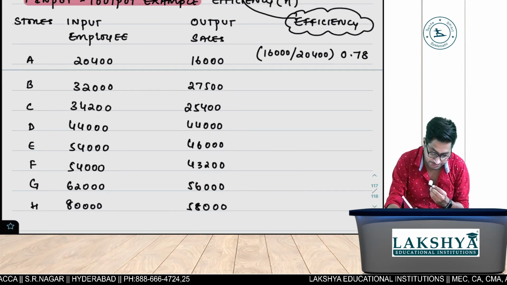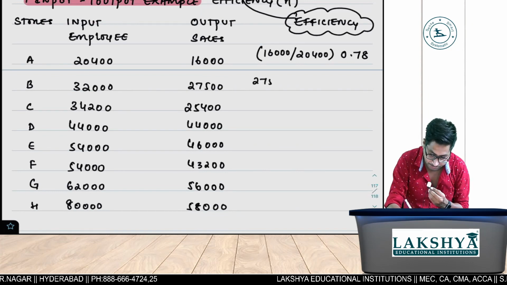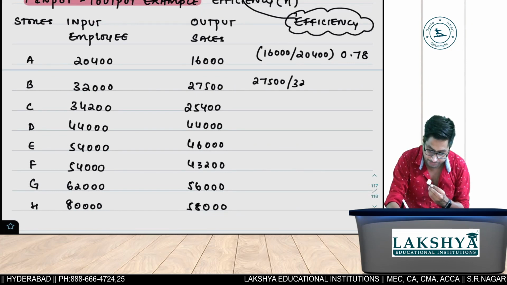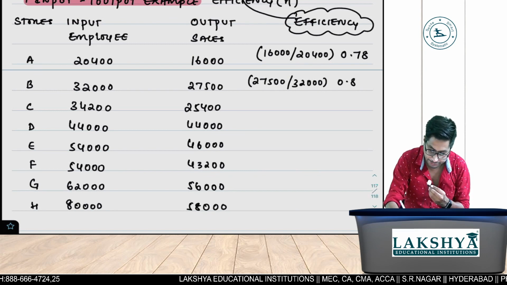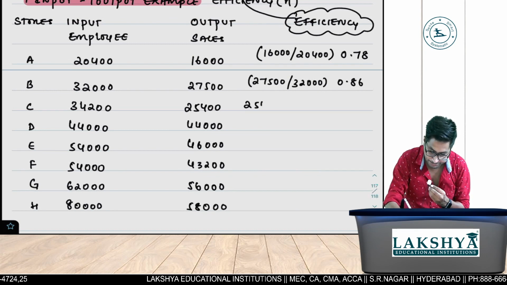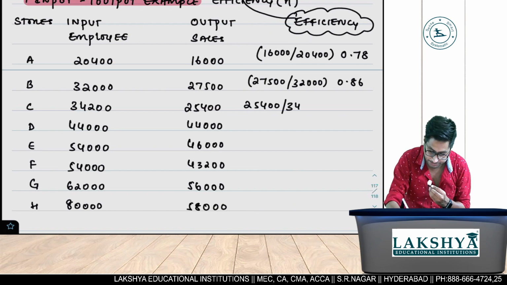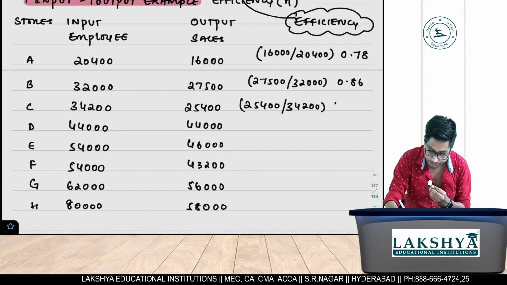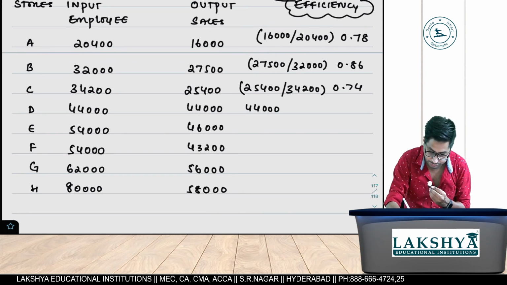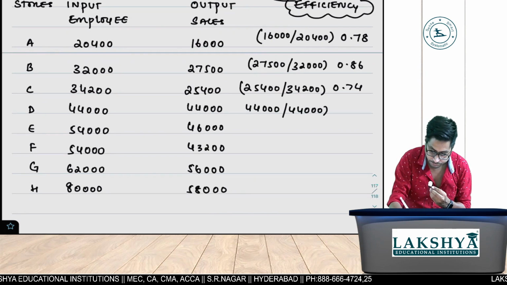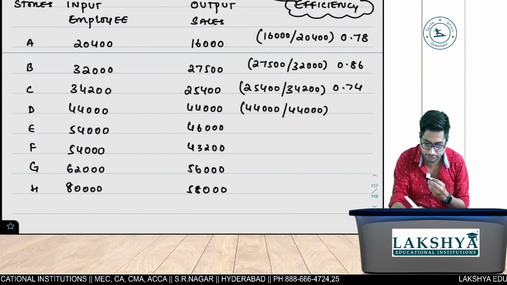अब इसका efficiency कितना रहता? 27,500 divided by 32,000. 0.86. Next, 25,400 divided by 34,200. 0.74. Next, 44,000 divided by 44,000. 1. No need to use calculator here.